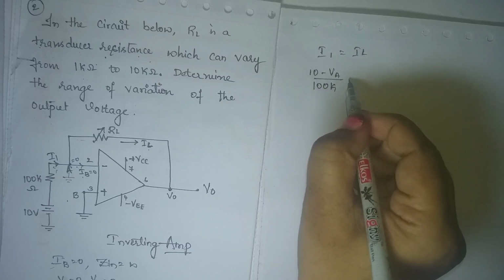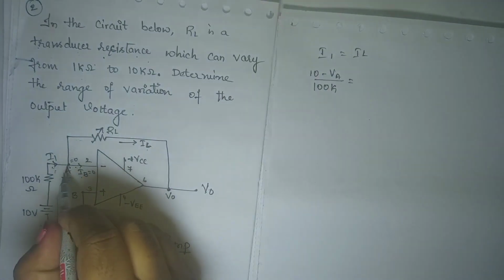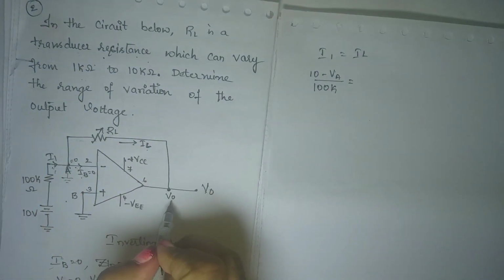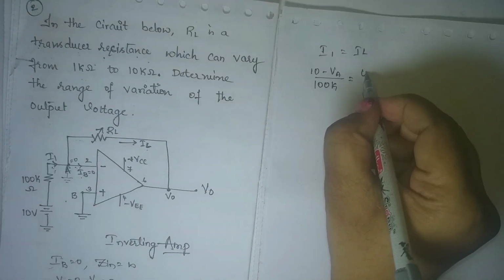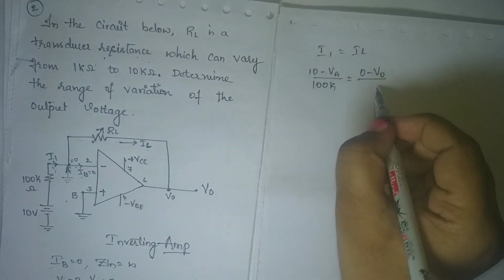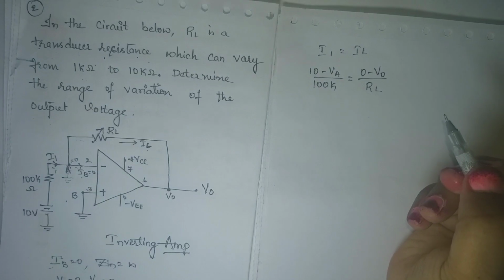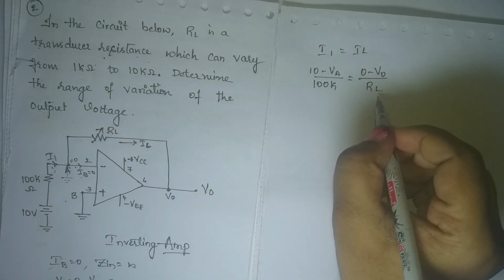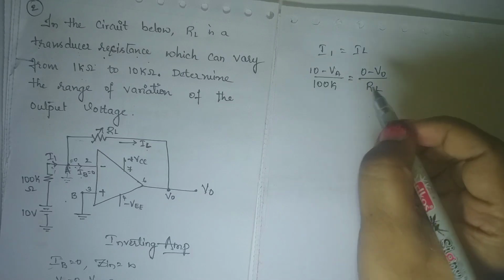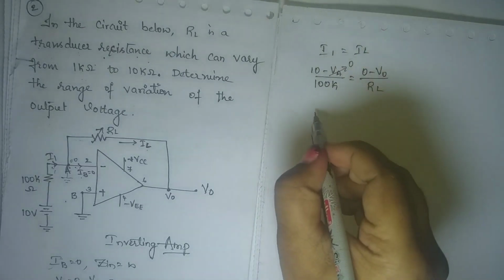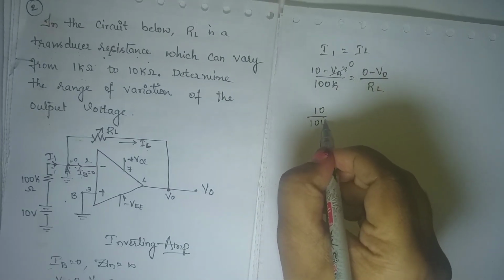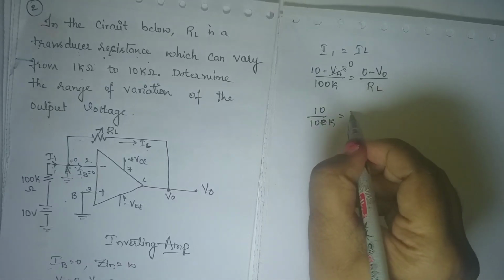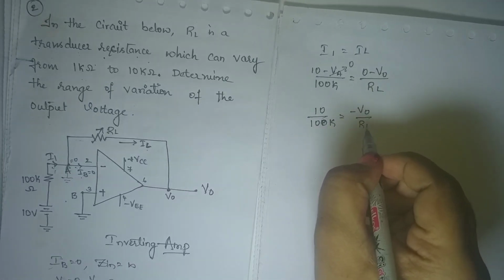This is equal to IL, which is 0 minus V0 divided by RL. RL value is varying here, so I am not taking a value. VA value is 0. So it becomes 10 divided by 100K is equal to minus V0 divided by RL.